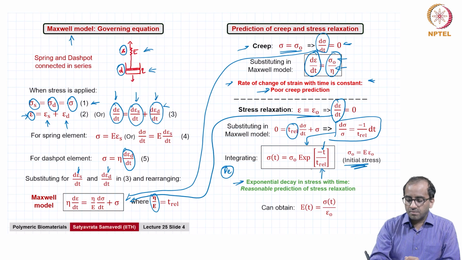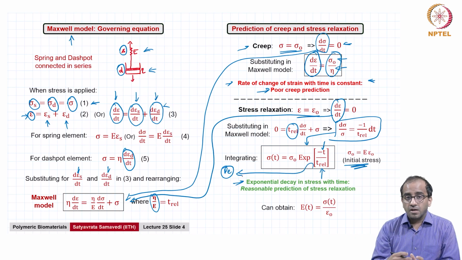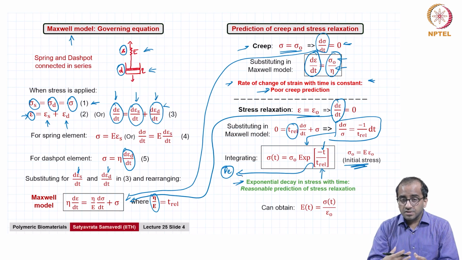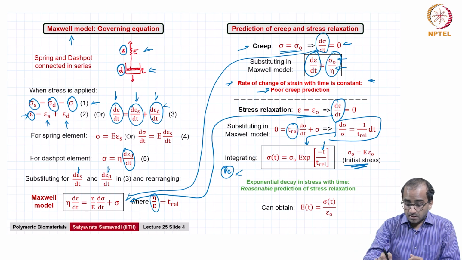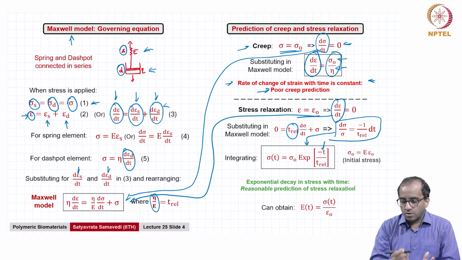All of that can be contextualized against the Deborah number, because ultimately Deborah number is simply one way to think about relaxation time scales versus an observation or experimental time scale. So, essentially the Maxwell model does a reasonable job of predicting stress relaxation. Of course, from this you can obtain the relaxation modulus capital E of t.